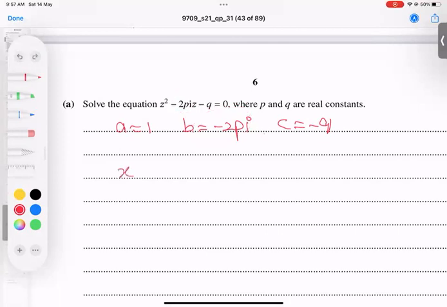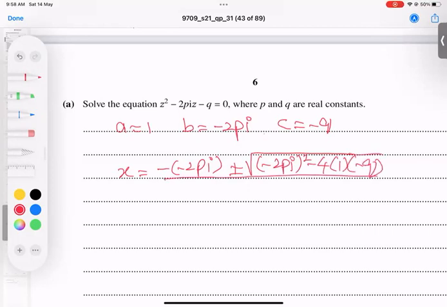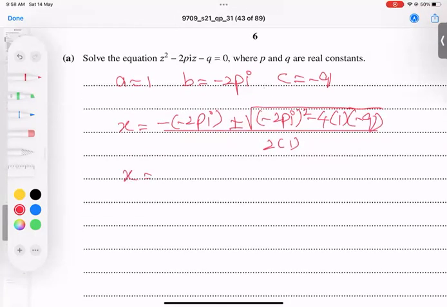Now I'm applying the quadratic formula: negative B plus and minus the root of B square minus 4 times A value 1, C is negative q, divided by 2A. So I get here positive 2p iota.